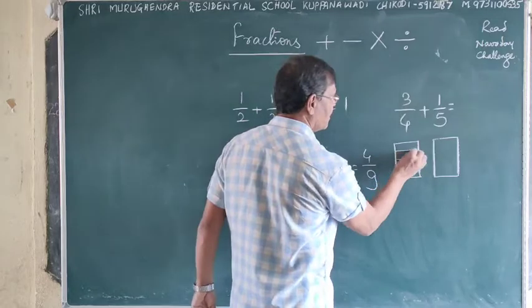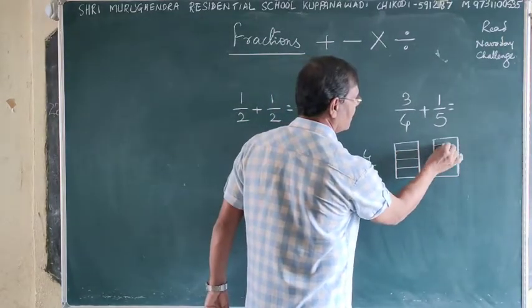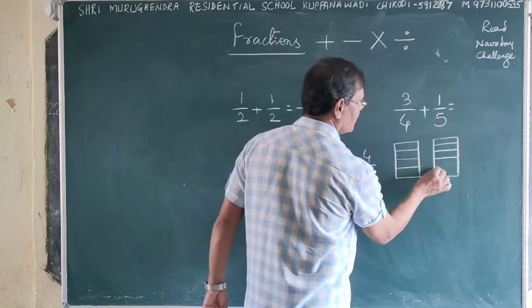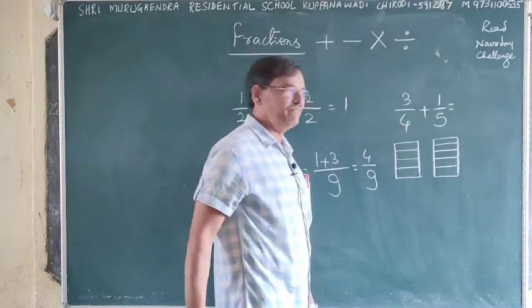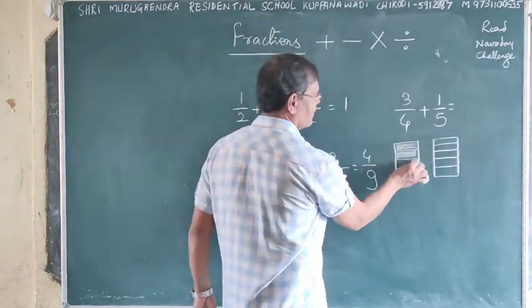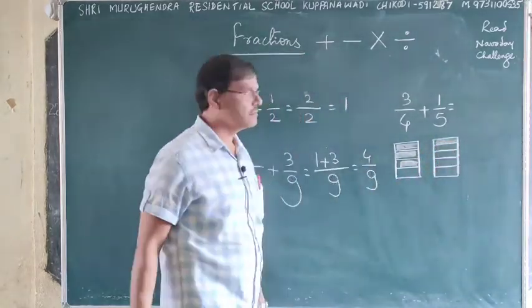See, here 4 parts are made, and here how many? 5 parts are made. Here 3 taken, 1 remained. Here only 1 taken.